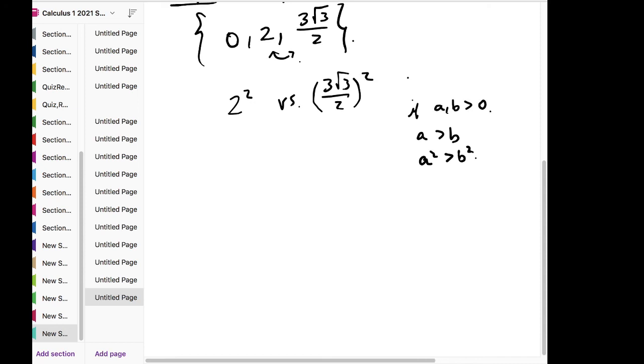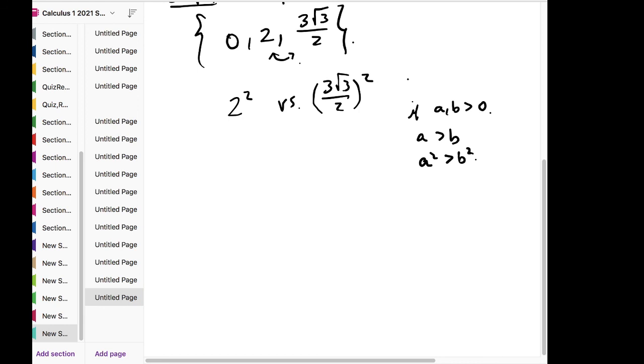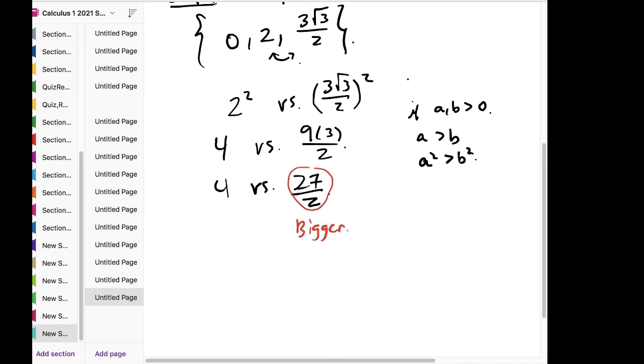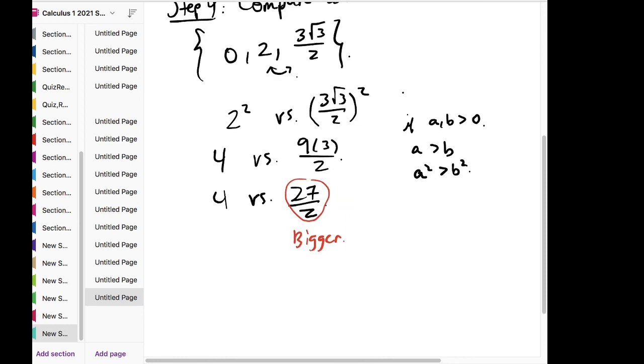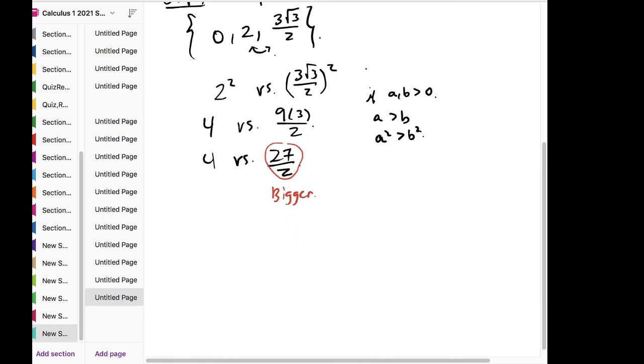It's even true for fractions, because x squared is an increasing function. So this is 4 versus 9 times 3 over 2. 4 versus, what's that, 9 times 3 is 27. So it looks like this is bigger. Questions about that? Oh, over 4, my bad. Over 4. All right, is it still bigger?